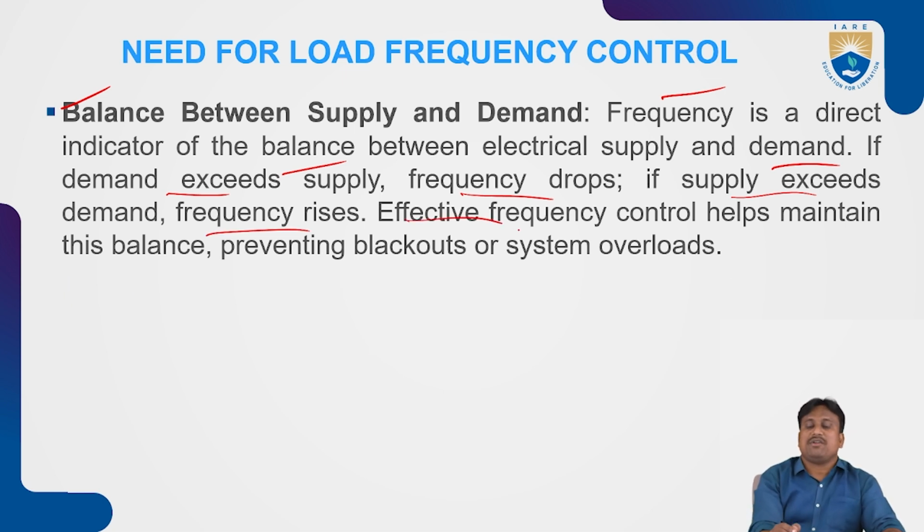Effective frequency control helps maintain the balance, which prevents blackouts of the system under overload conditions. This is one of the conditions that maintains the balance between supply and demand, and frequency may be treated as a direct indicator that the system is ready to meet the demand.